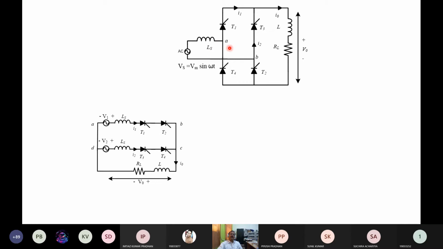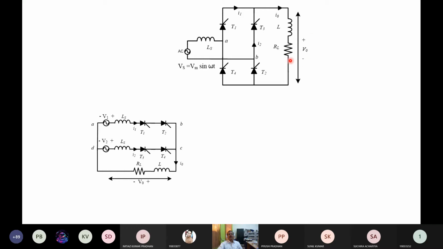The current direction cannot change instantaneously. They have to take some time, right? So better to discuss inductance as the source, inductive source, so that the source inductance effect can be discussed and understood.